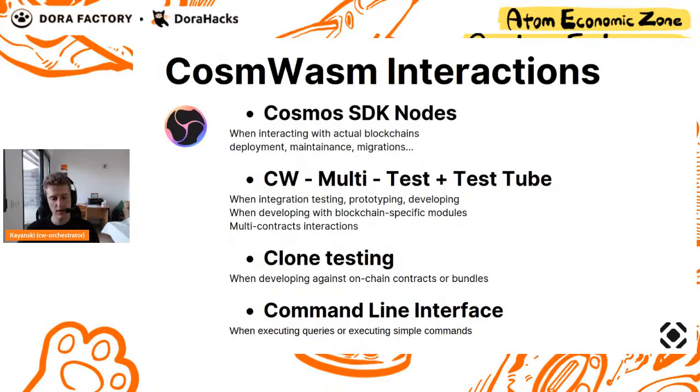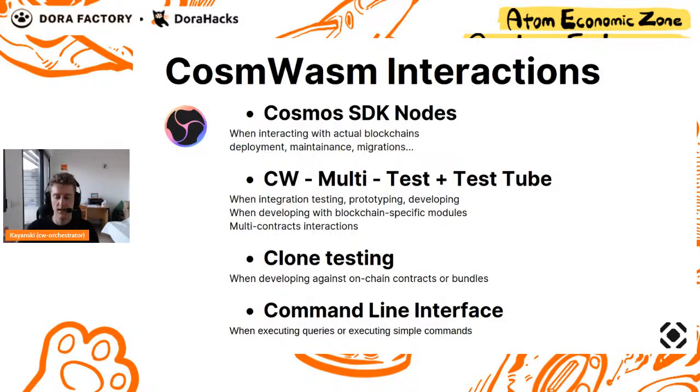I've been talking for 3 minutes about CosmWasm and interacting with CosmWasm. When you have a contract, you want to do multiple things with it. First, you want to be able to interact, push it on chain, develop around it, and send messages, queries, etc. Your application should be able to talk with a Cosmos SDK node, to talk with the contracts.